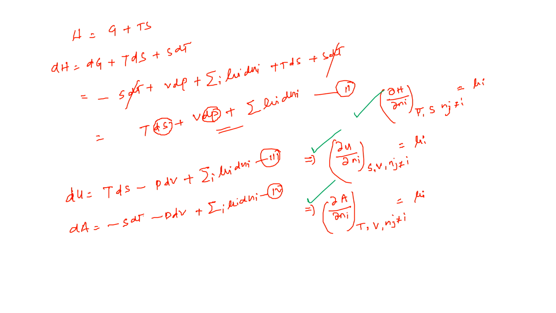Among these four expressions of chemical potential, we are familiar with expressing chemical potential in terms of molar Gibbs free energy, because most chemical reactions take place at constant temperature and pressure.